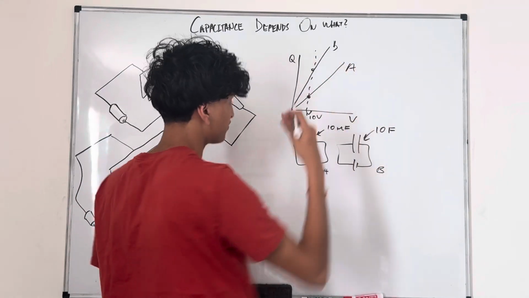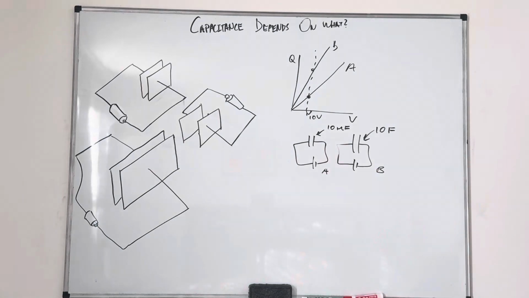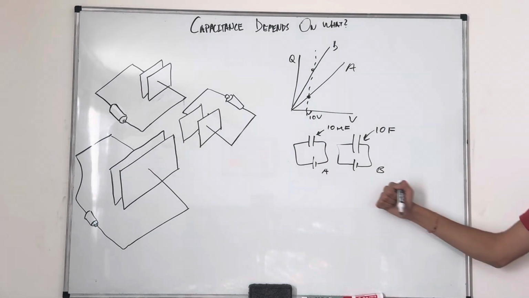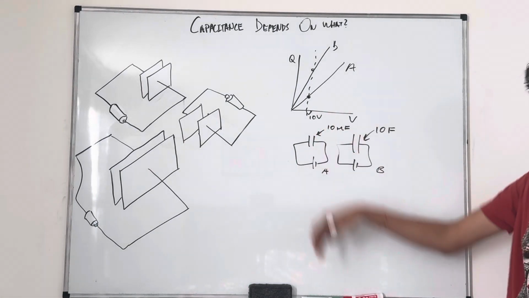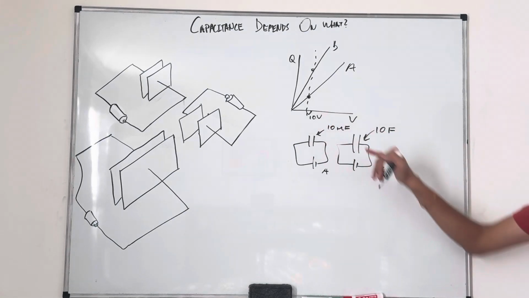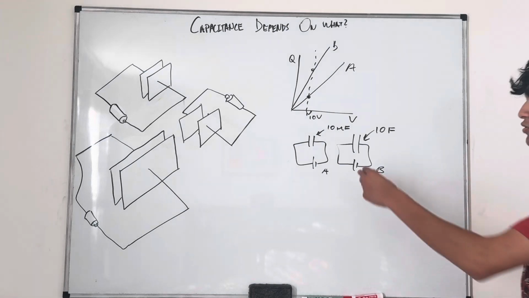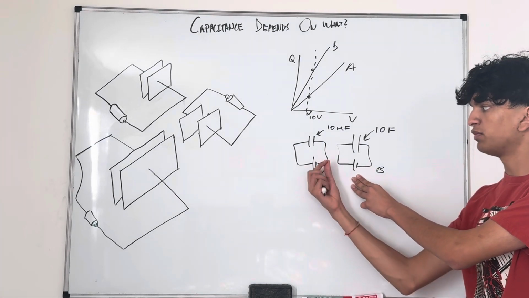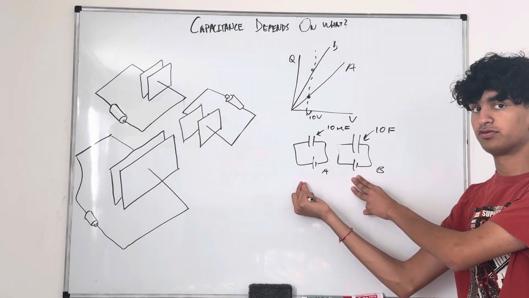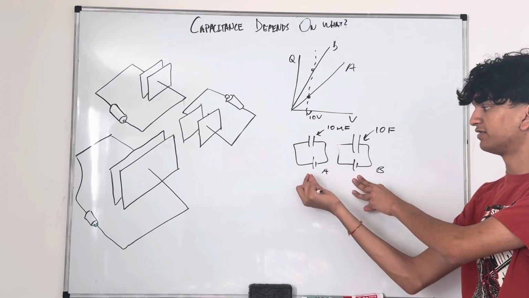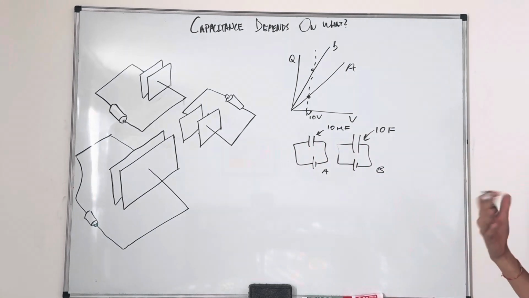So at 10 volts, this thing has more capacitance because it can hold more charge at 10 volts. Or for example, at 20 volts, it's going to hold more charge. Because theoretically, if this is 10 volts, I could make this 1,000 volts. Now this will probably hold more charge, because it's 1,000 volts. But that's not what capacitance is saying.